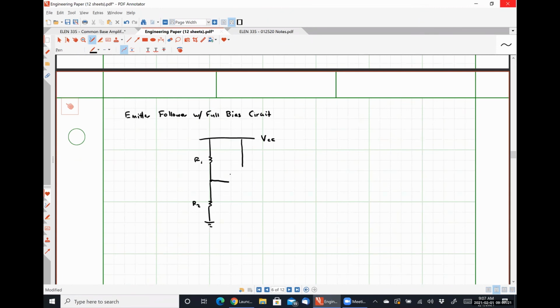Here's R2. RE. Out. And usually RB and BN. Excuse me, let's call this RS and BN.